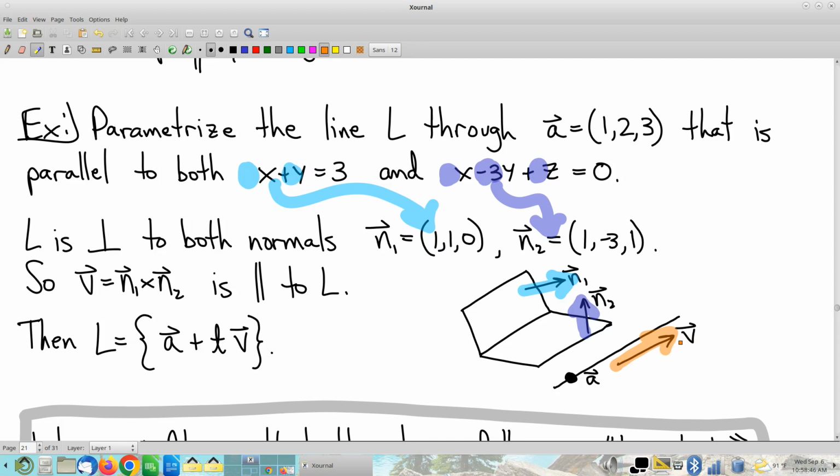And again, you can look at the picture and think about the geometry and persuade yourself that the cross product is the perfect tool for this. The cross product is what allows me to take those two normal vectors and get this parallel vector, and then I win. Everybody okay there?